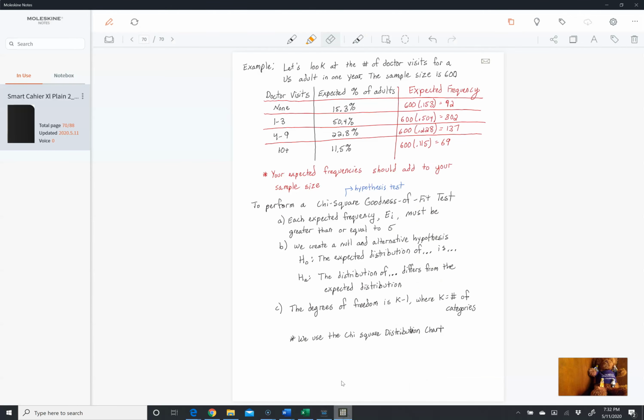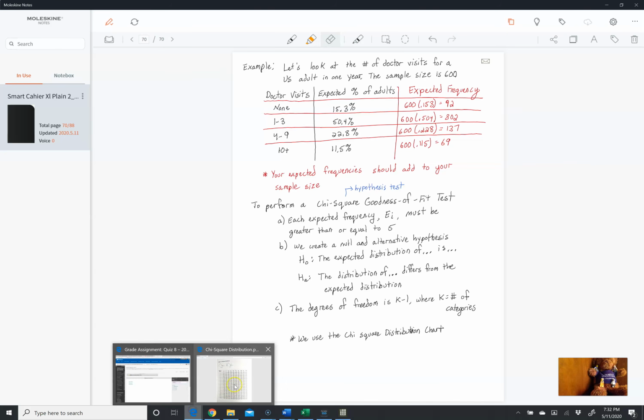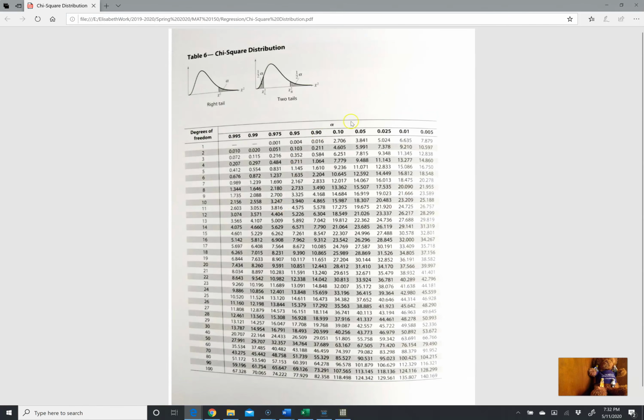So we need to figure out the degrees of freedom though. In this case, we have 4 categories. So our degrees of freedom would be 3. Now we don't know what our alpha is, but if, for example, our alpha were 0.1, with degrees of freedom of 3, it's 6.251.